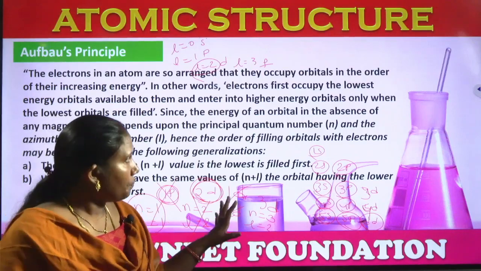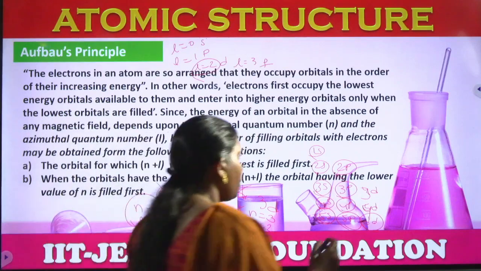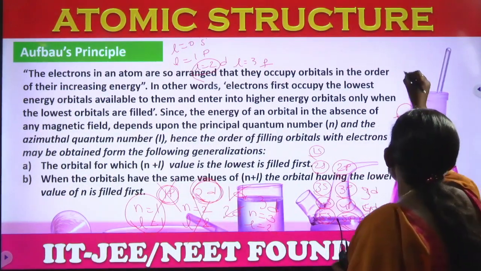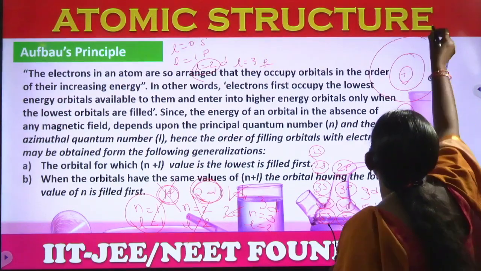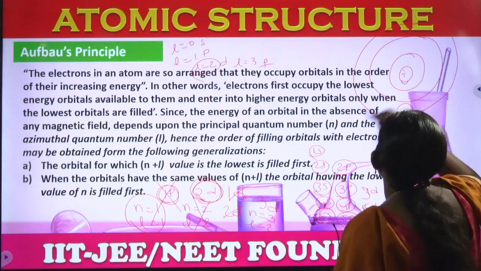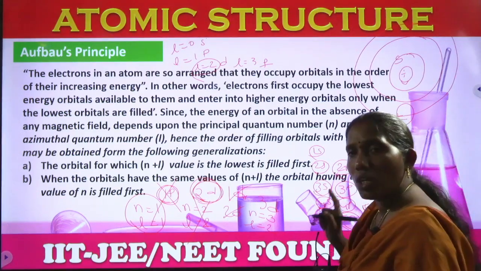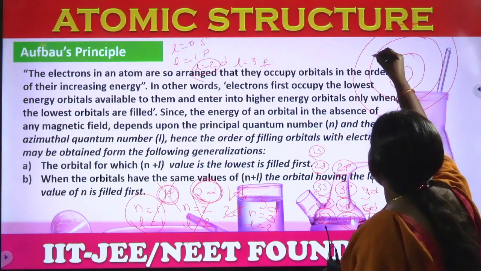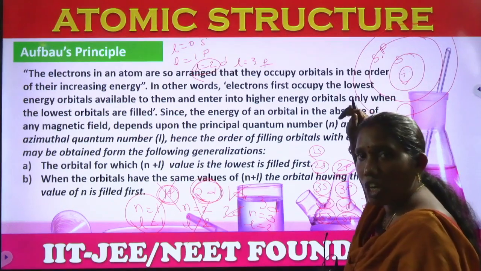Okay, here I want to give one more clarity. Suppose it is an atom. First there is the nucleus. It is the first orbit, it is the second orbit, and it is the third orbit. The first orbit has only 2 electrons because only 1s is possible. Whereas in the second, only s and p orbitals will be there, because the d orbital will not enter.